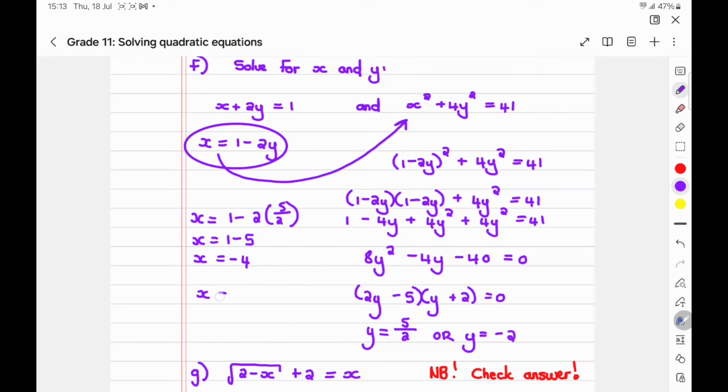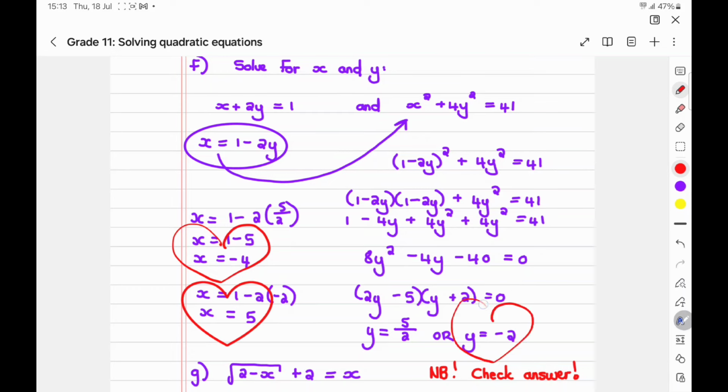Or if we replace the other one, 1 minus 2 times negative 2 gives you x is 1 plus 4, which is 5. So there's your answers for x and the y's.